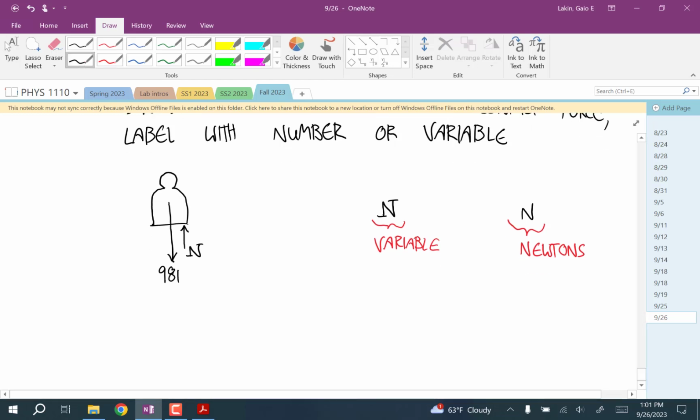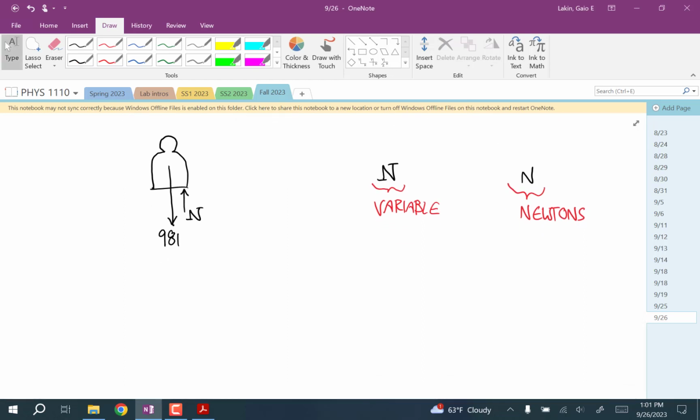Anybody have any questions about the free body diagram? Okay, well, what I want you to notice about the free body diagram is if you do it right, the free body diagram gives you the entire left side of Newton's second law.